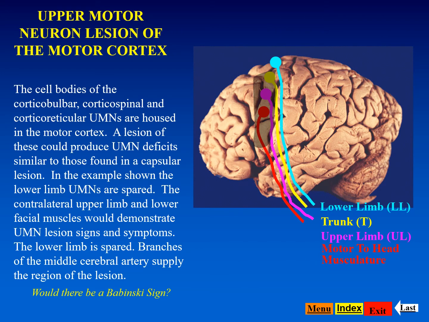In this example, there's a shaded area of the left cerebral hemisphere that encloses the head region and upper limb and trunk parts of the precentral gyrus. The lower limb doesn't seem to be involved. As a result, there would be spastic paralysis on the right side of the body, mainly focused in the upper limb.